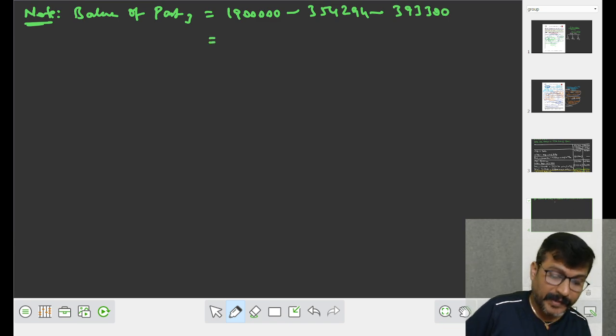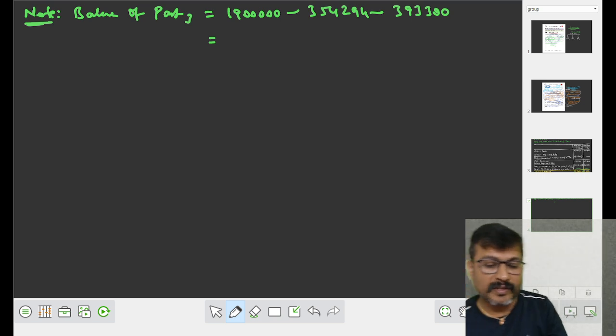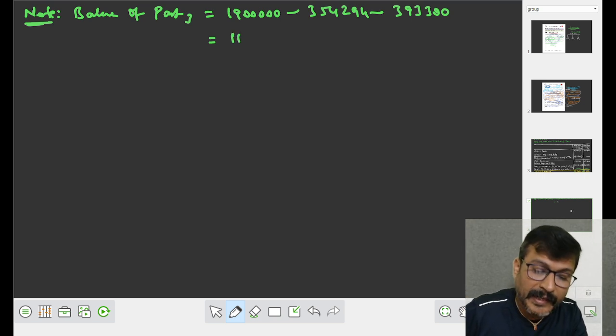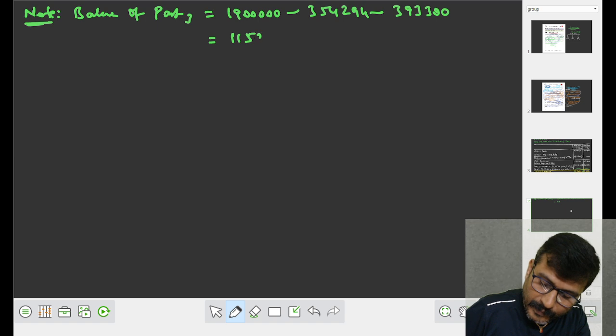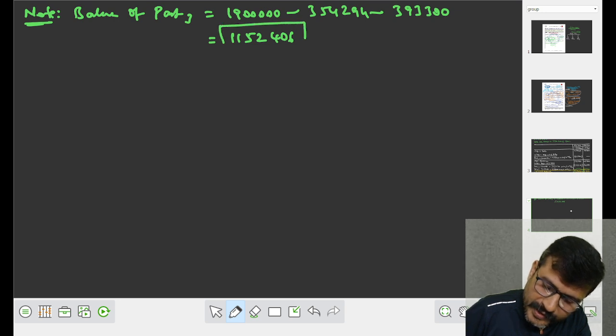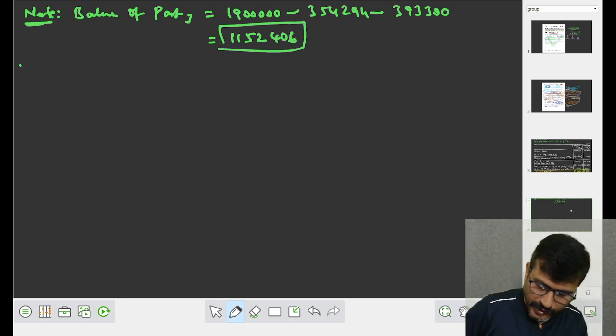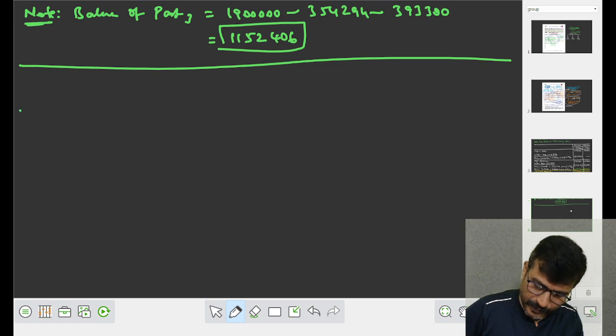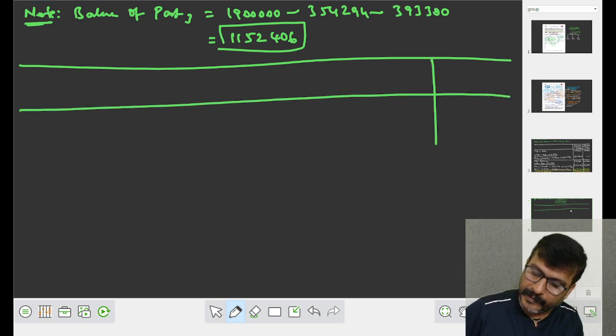Now, balance of part 3 comes how much? The balance of part 3 comes to rupees 11,52,406. Okay, now let us have the table.